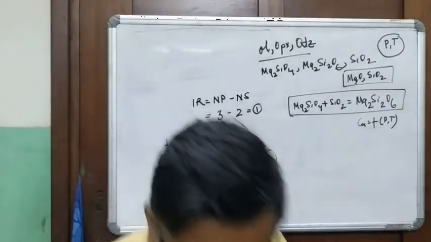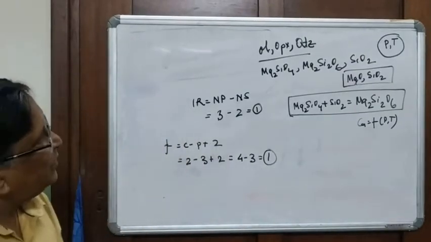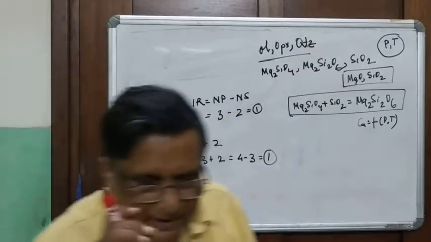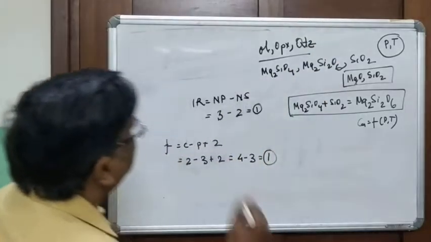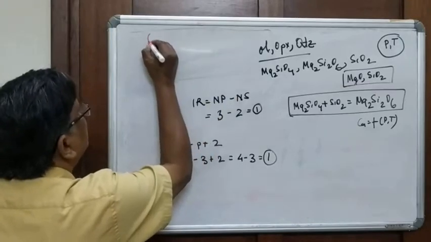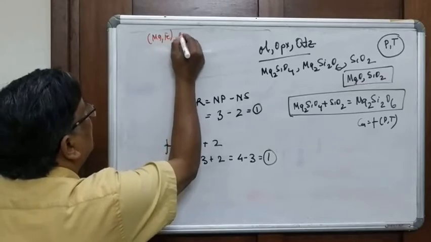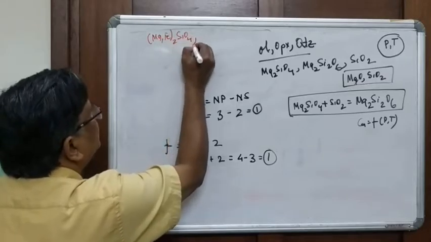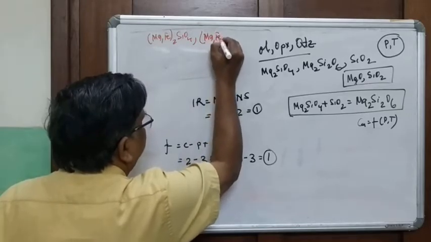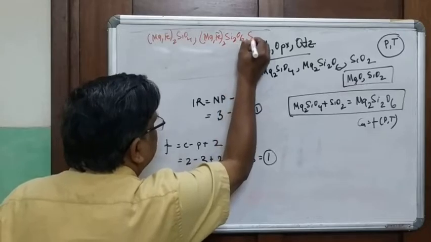Now let's try to make it a little more complex. We take again olivine, orthopyroxene and quartz, but this time we say olivine is (Mg,Fe)2SiO4, orthopyroxene, of course, has to be (Mg,Fe)2Si2O6, and SiO2.